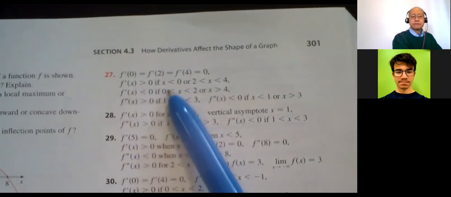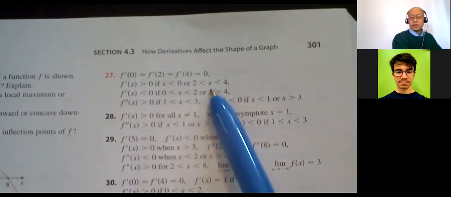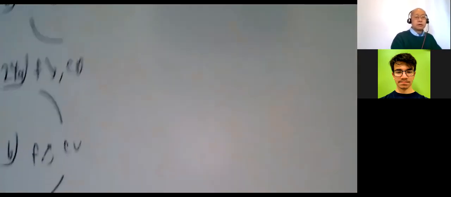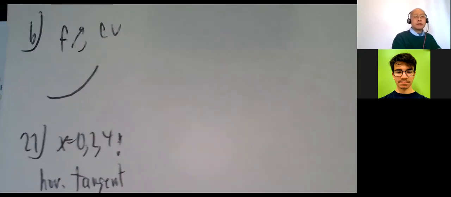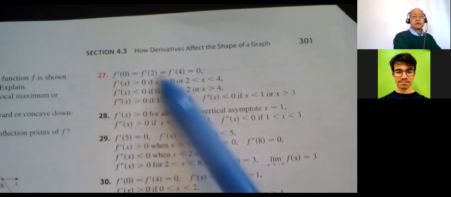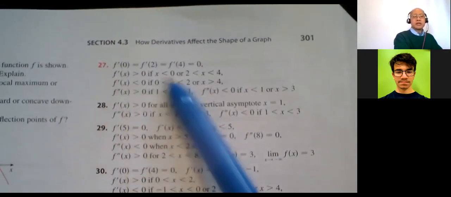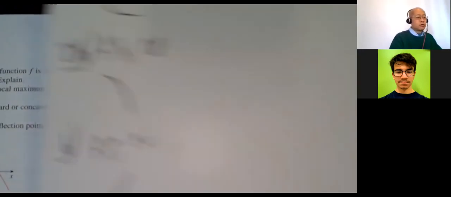Increasing, X is less than 0 or between 2 and 4. Let's see what I have here. So at X equals 0, 2, and 4, you have a horizontal tangent. That's the interpretation of that first line. F prime of X greater than 0: F is increasing if X is less than 0 or between 2 and 4.